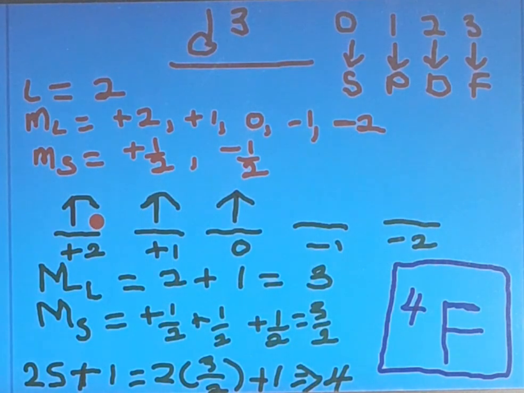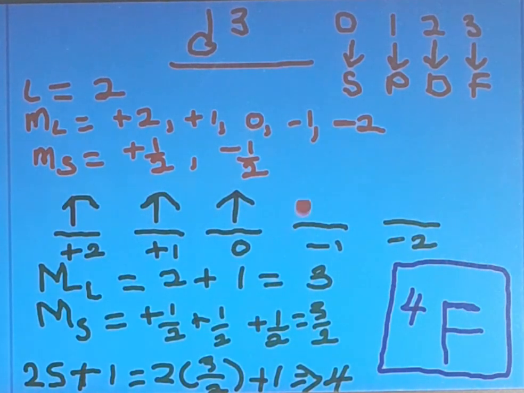Here we have to obey all 3 rules: the Aufbau rule, the Hund's rule, and the Pauli exclusion rule. So according to the Aufbau, we have to fill from the lowest orbital to the highest orbital. According to Hund's rule, if we have degenerate orbitals, we need to fill with single electrons in the same spin.